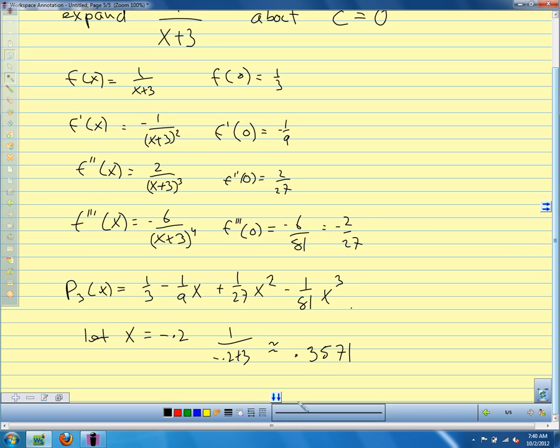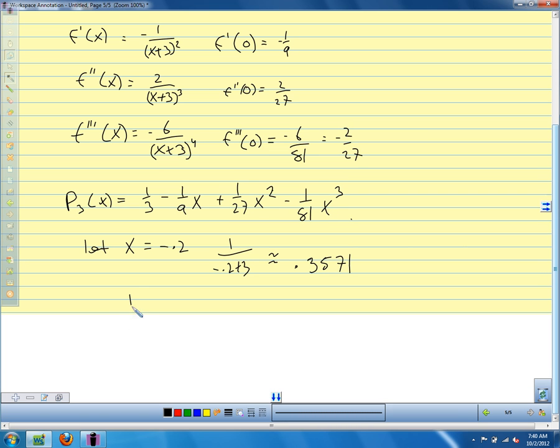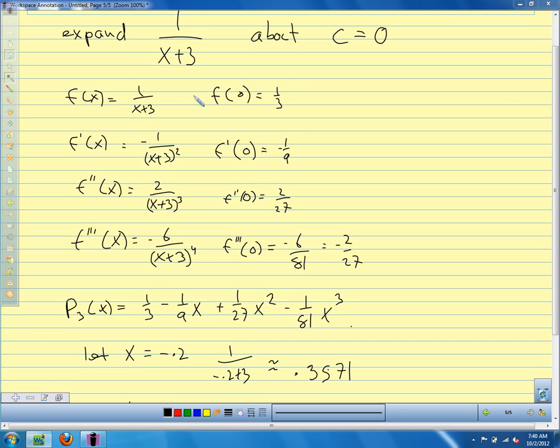And if you plug that into your calculator, what does your calculator give you? 1 over 2.8. Anybody have one handy? 1 over 2.8 in your calculator? 0.3571... 0.357142. Yeah. So our second approximation, our second series, is a little closer to what the calculator tells us, because our approximation was closer to our original value.